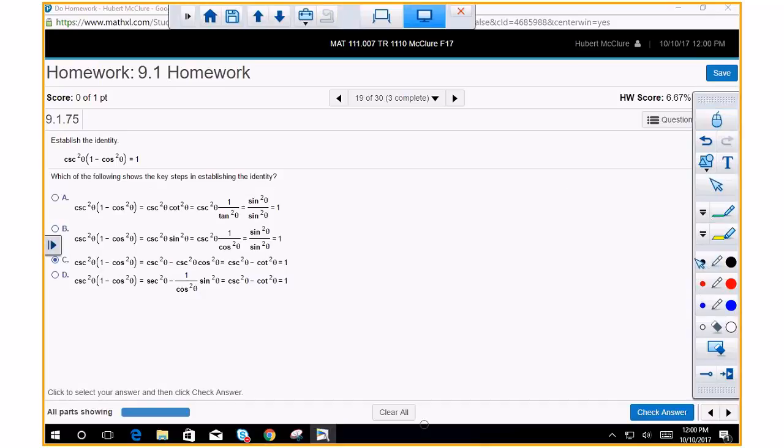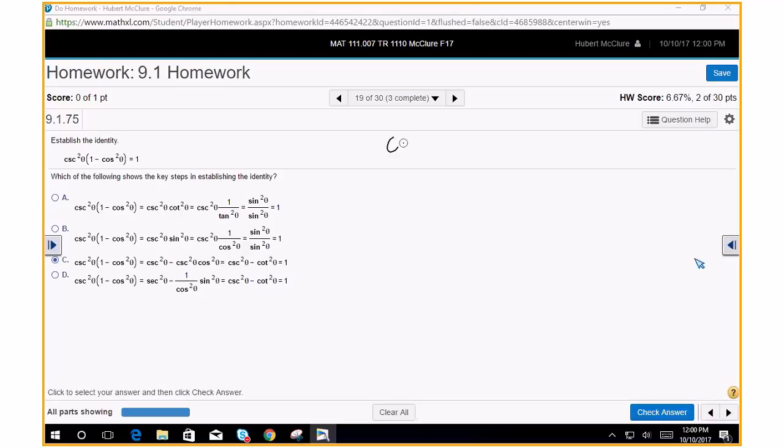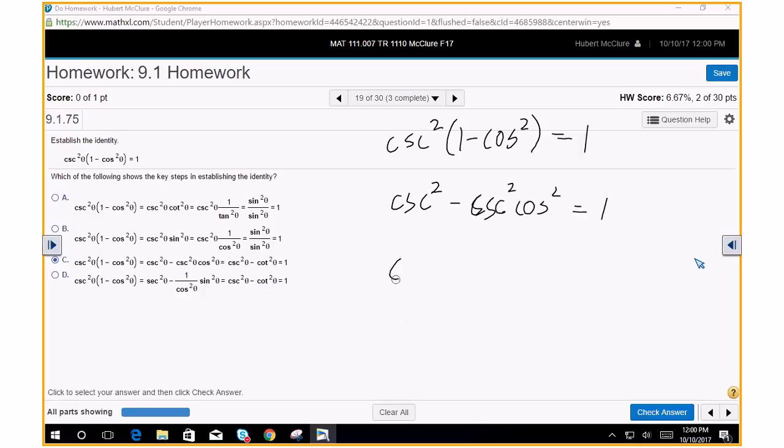All right, so I'm not going to look at all this trash. Just right here confuses me. So cosecant squared times 1 minus cosine squared is equal to 1. Distribute, you get cosecant squared minus cosecant squared cosine squared, and that's equal to 1. Cosecant squared is equal to 1 over sine squared, and what's the cosine?